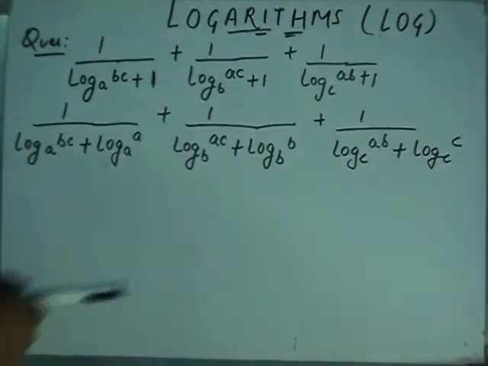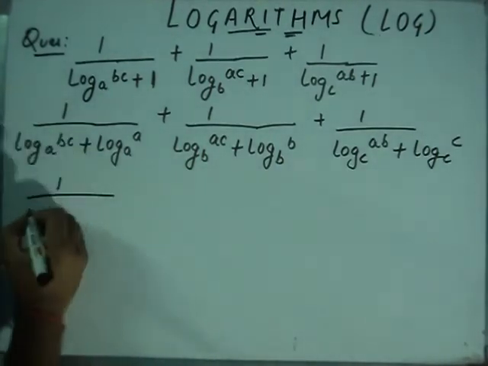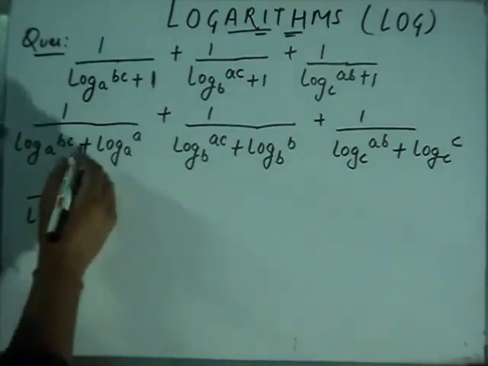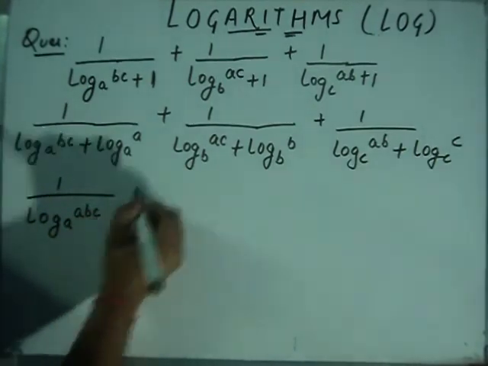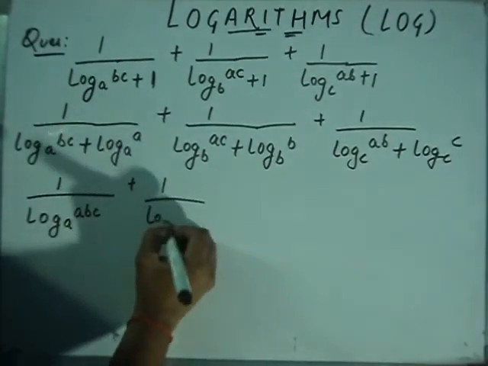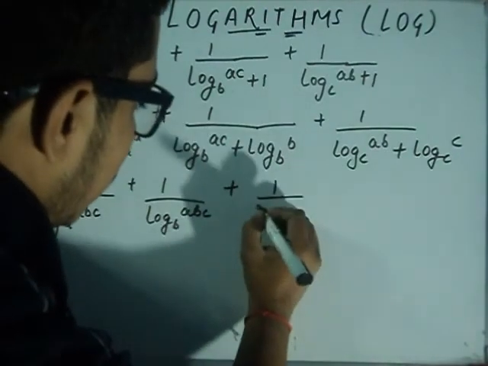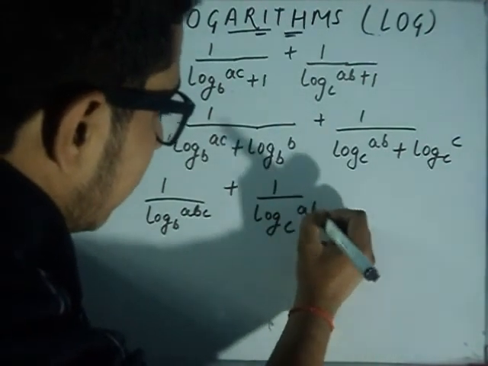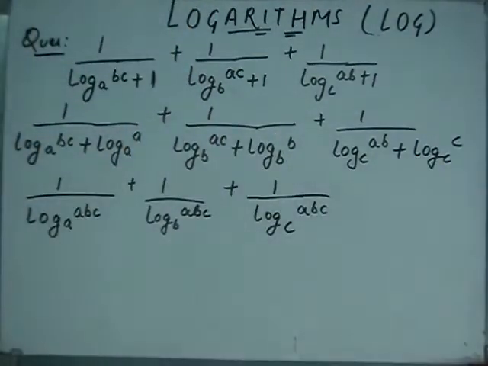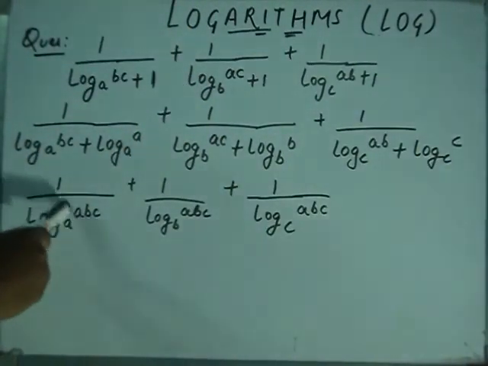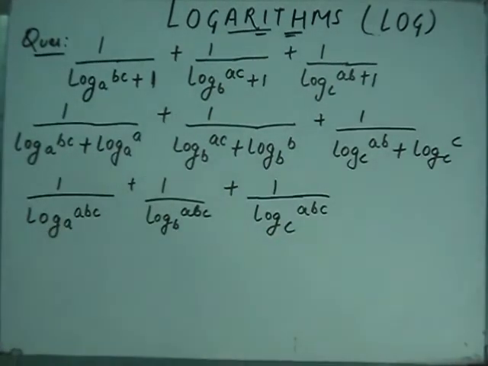When the bases are the same, we use the multiply property, like log base a of abc plus log base b of abc plus log base c of abc. Look at this. Here this portion is the same in all 3 values. So our next step would be to reverse this value, which is our property, like reverse the base.